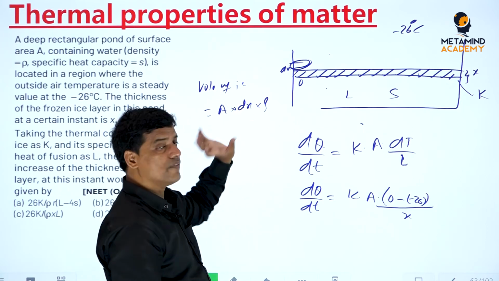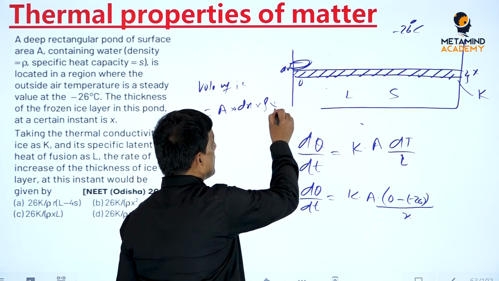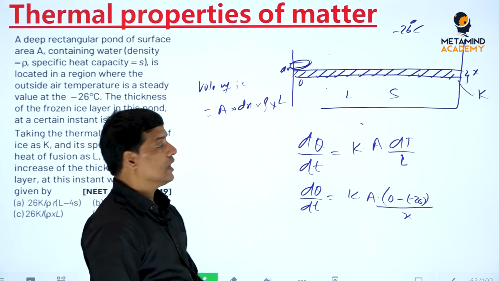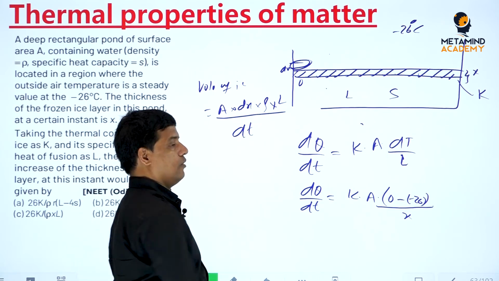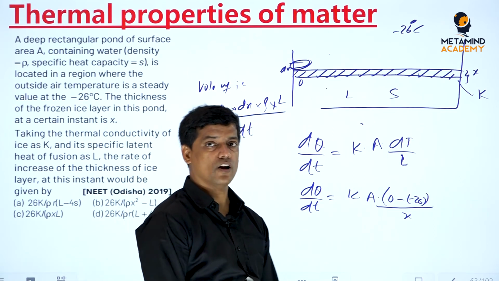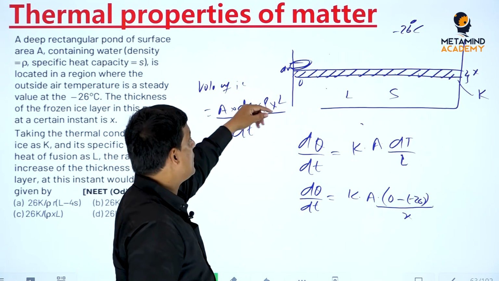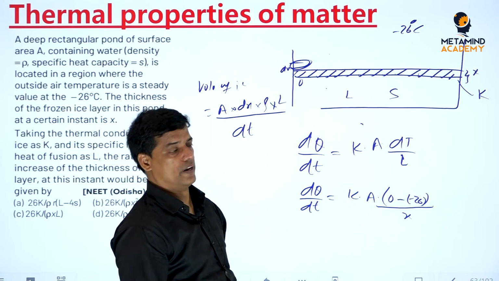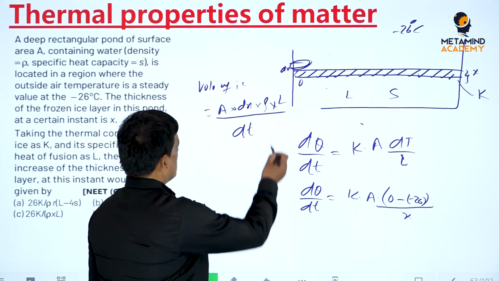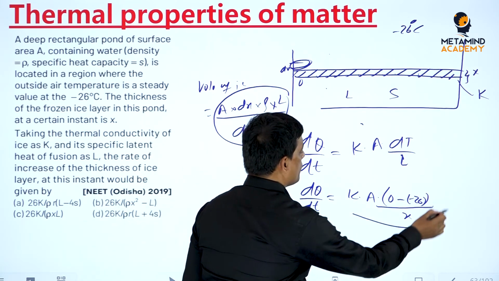This much mass of water is getting converted into ice. So what is the heat content? L. So this much heat per second must be flowing out. Right or wrong? If this much heat is flowing out per second, only then dx amount of thickness of ice will form over here. So now our question is solved. This is the heat which is flowing out and this should be the flow rate of the heat.